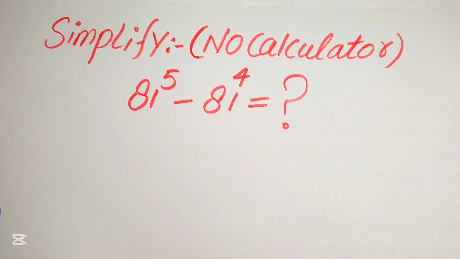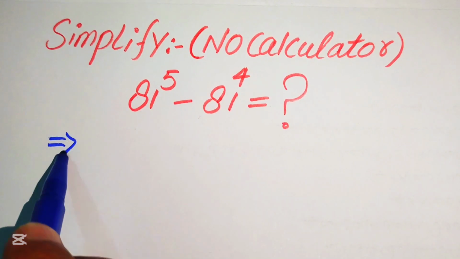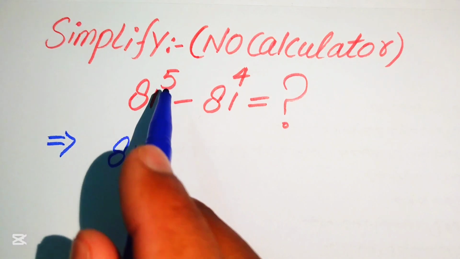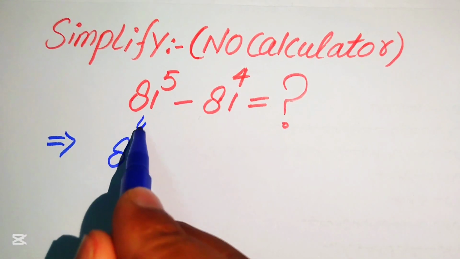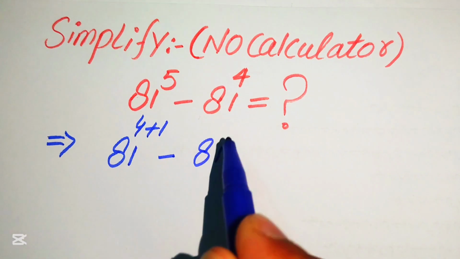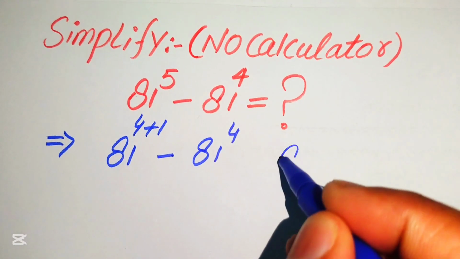The very first step is to focus on the exponent of the first term. The exponent of this 81 is 5, and we write this 5 as 4 plus 1. Now we need to apply an exponent law.